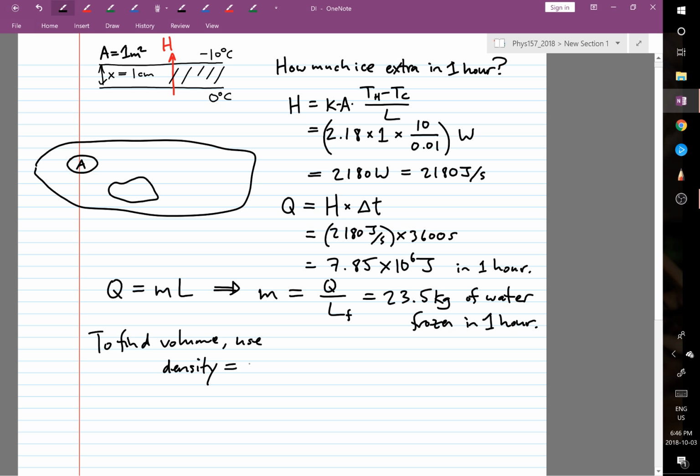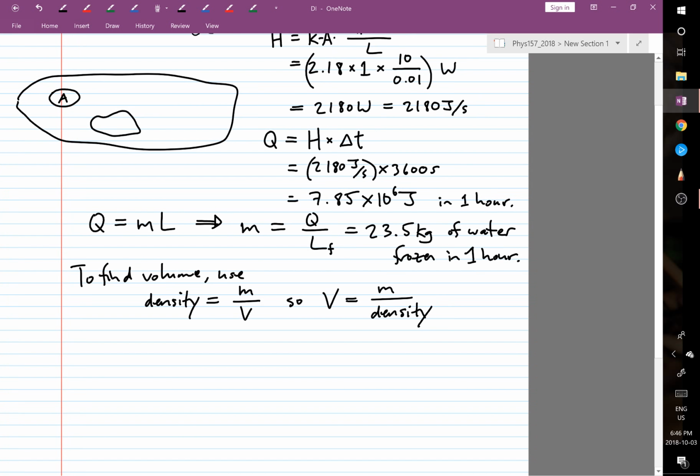The definition of density is mass divided by volume, so volume equals the mass over the density. If we take that 23.5 kilograms and divide it by the density given in the question, that gives us a volume of 0.0256 meters cubed.